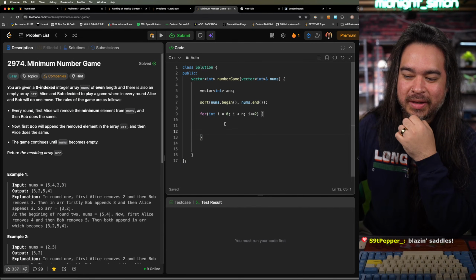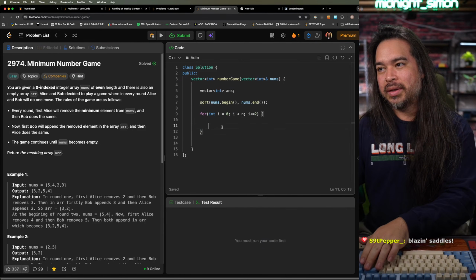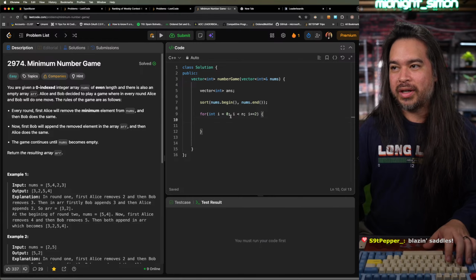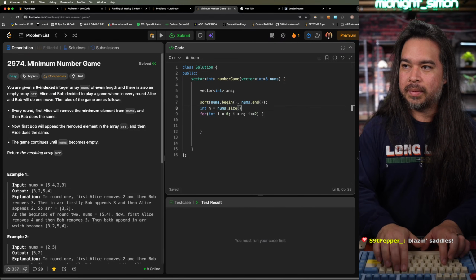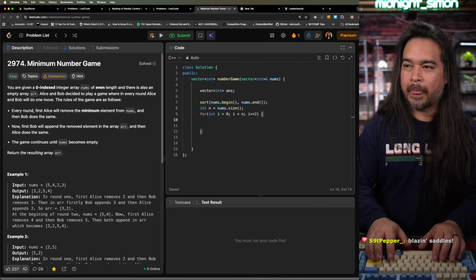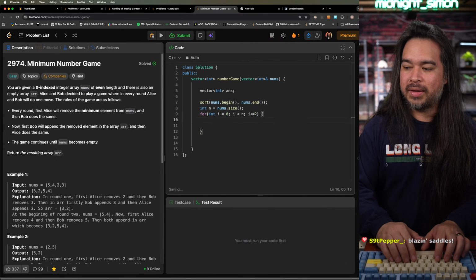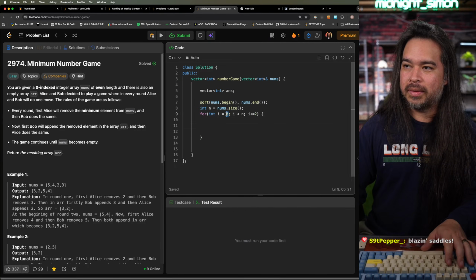I guess if that's the case, I should just process the last number. All right, I'll do it in chunks of 2. And then, or should I start from i equal 1?